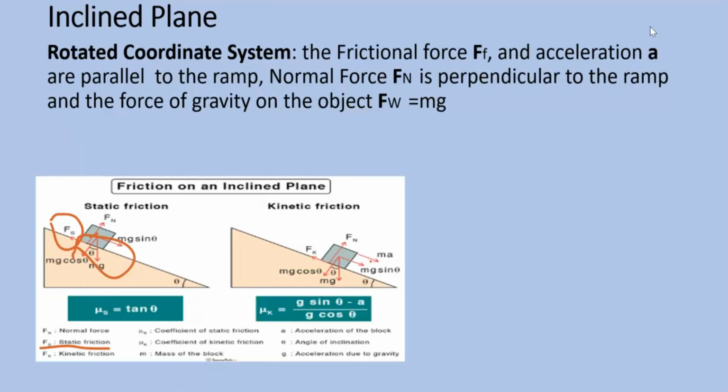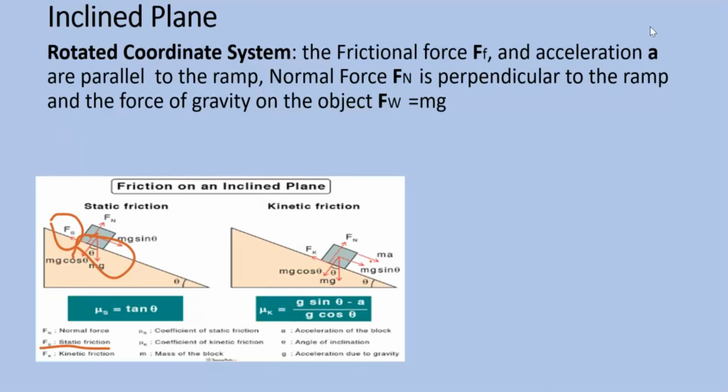So the coefficient of kinetic friction, mu k, is equal to (g sin theta minus a) over (g cos theta), where g is gravity, theta is the angle, and a is acceleration.